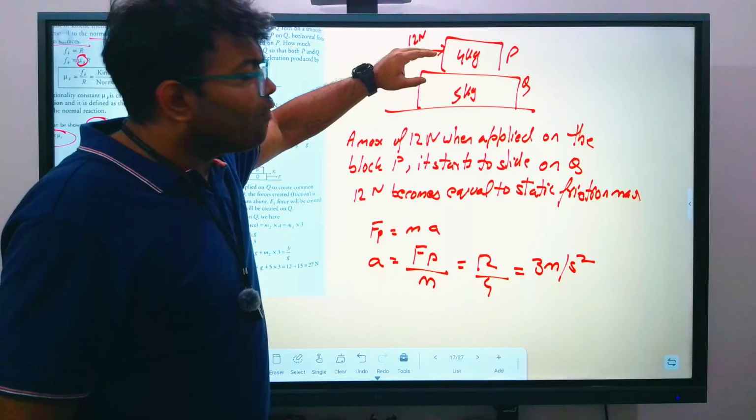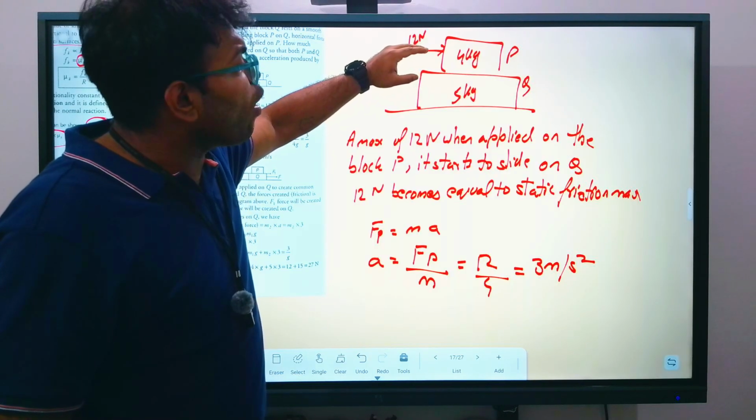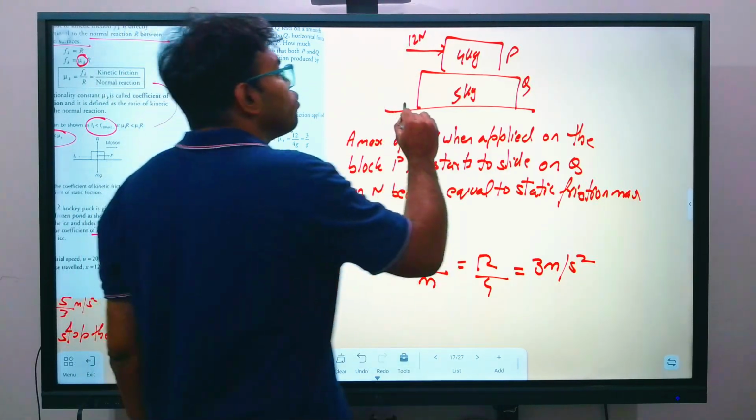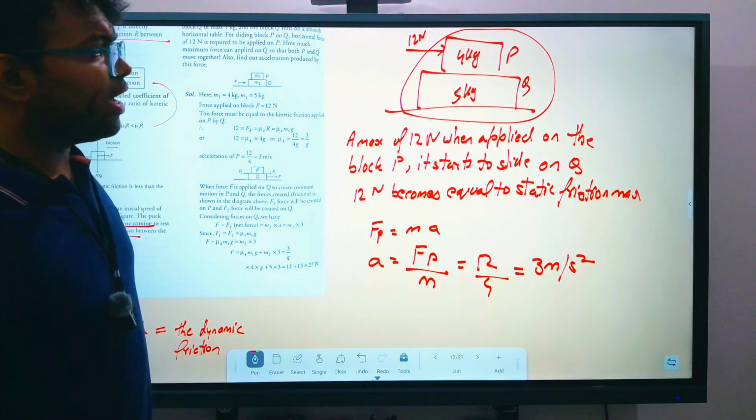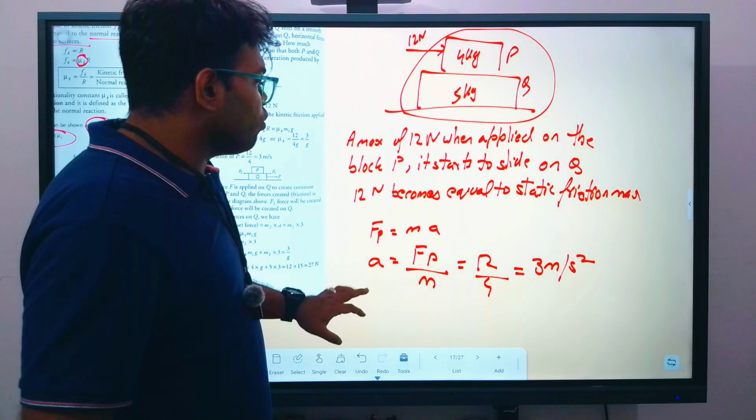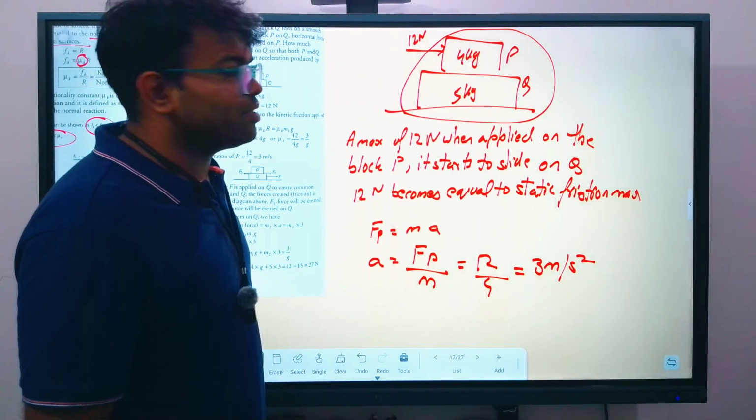This block will not move relative to Q, but this whole thing will start to move. So the acceleration is 3 meters per second squared.